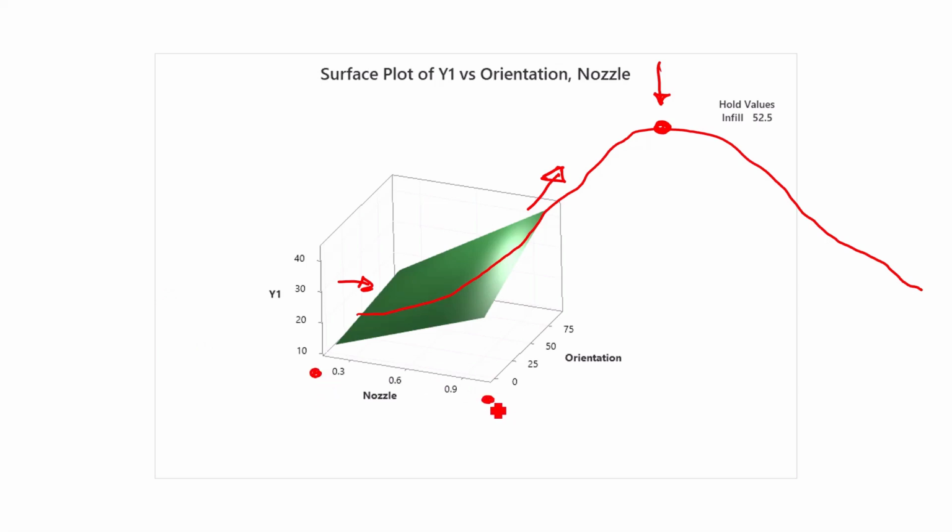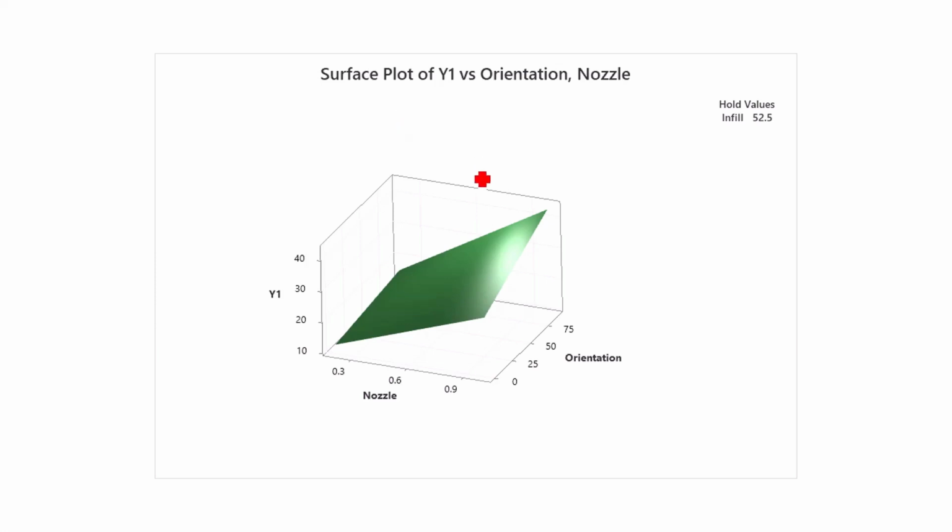So you've gone from here to here, so you've gone on the nozzle diameter from 0.2 to 1 millimeter, and on the orientation, you've gone 0 to 90 degrees, and that was your initial thoughts on where you'd like to gather information. But of course you didn't know what you were going to see when you gathered this information.